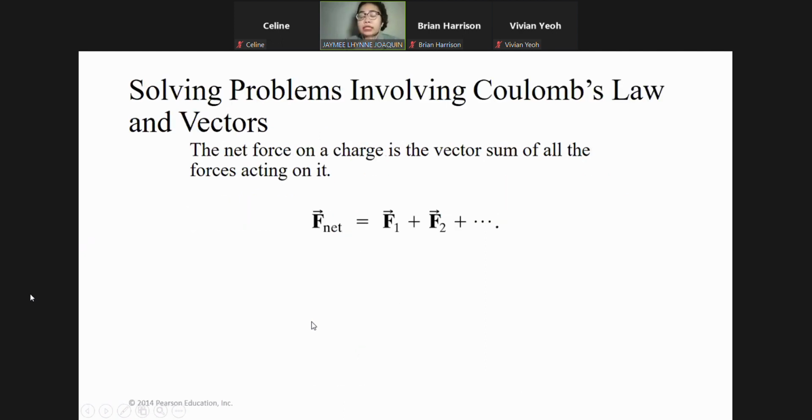Okay, so let's now identify first how we get the totality of the net force on a charge, if many vectors are present in the process.